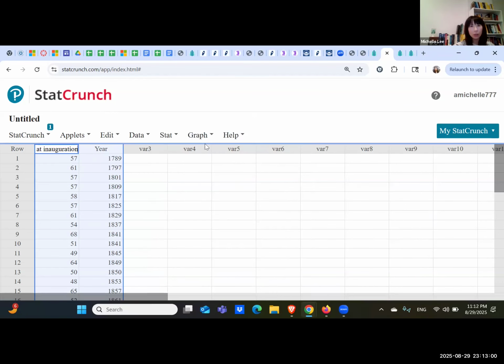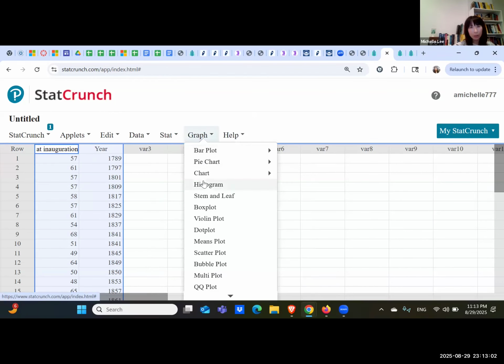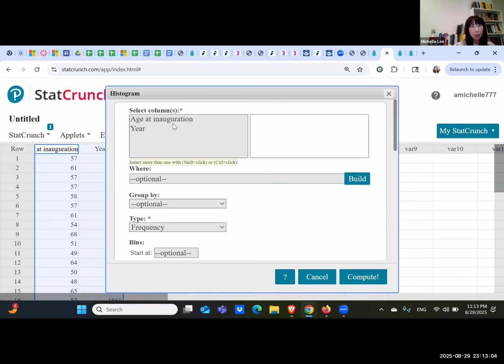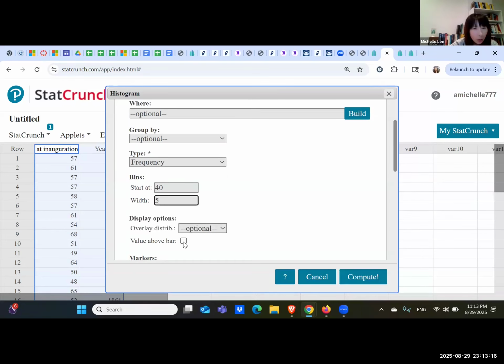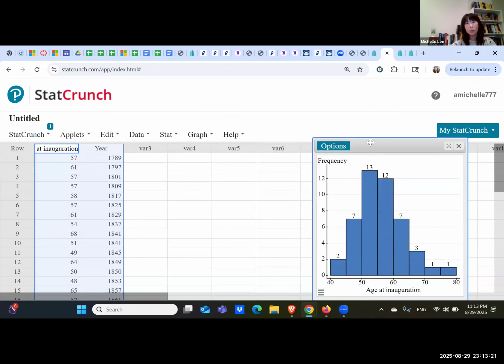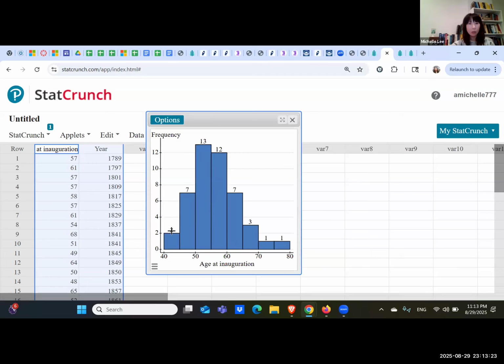So once again, graph, histogram, and age, and then start at 40, and the width is 5, and then value above bar, click, compute. So this is the one. It's easy to see, right? 2 is there, 7 is there, 13 is there. Those are frequencies, right? So we good? All right.